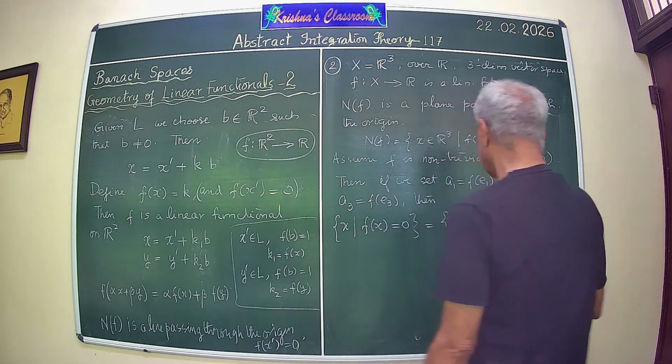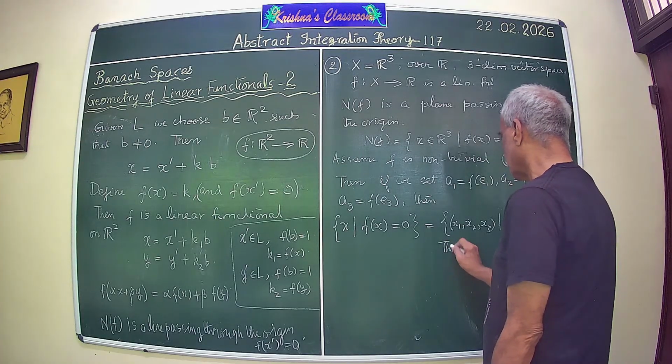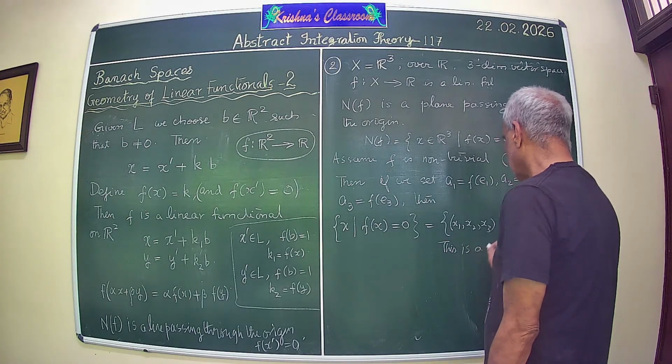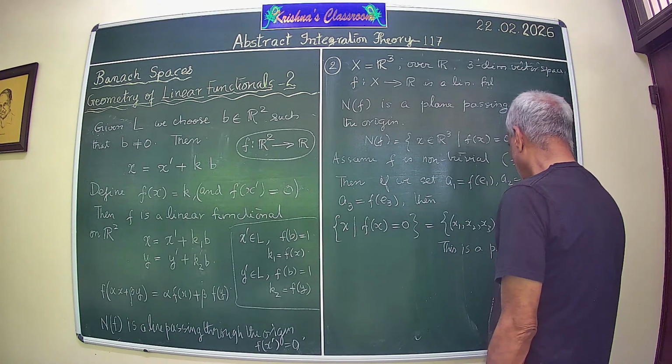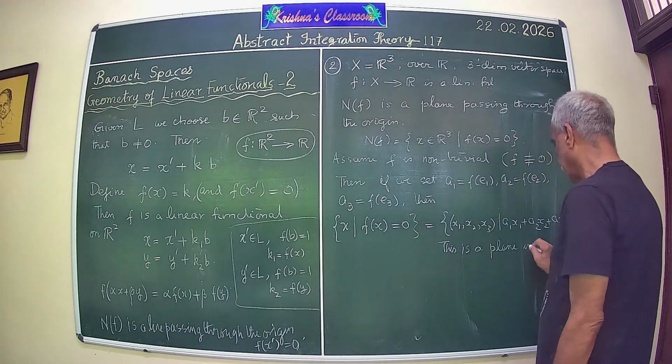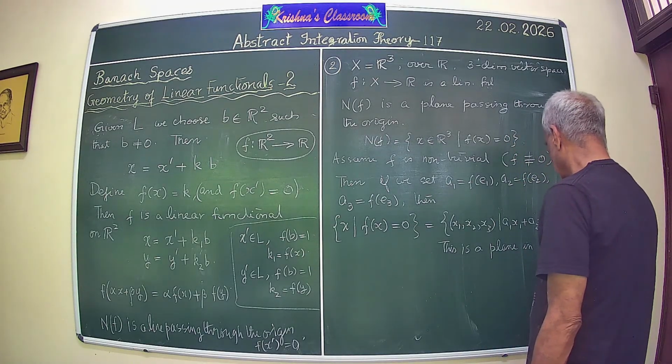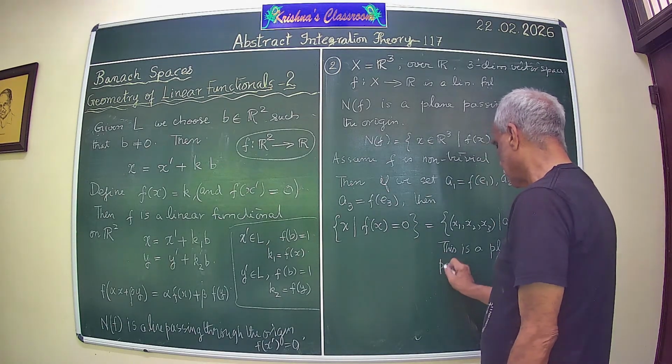And this is a plane in R3 passing through the origin.